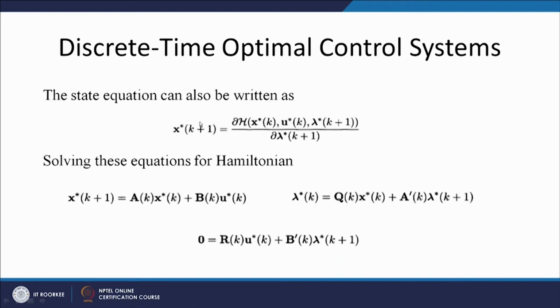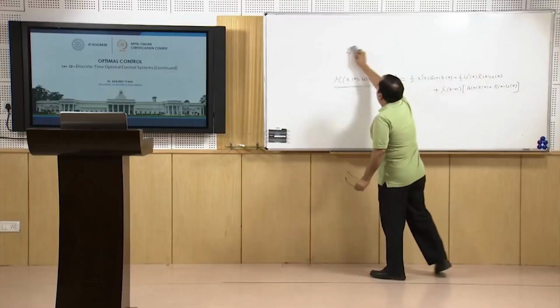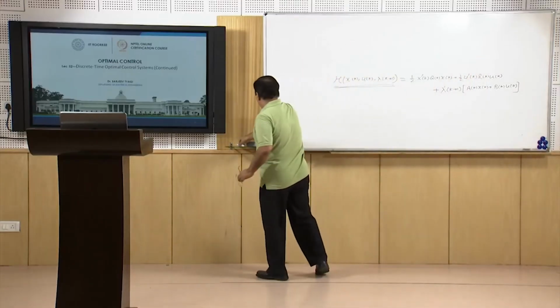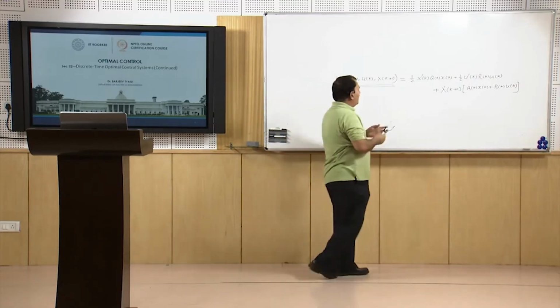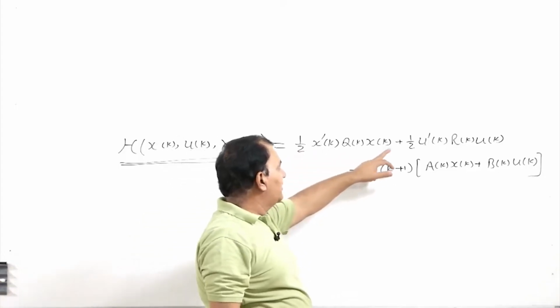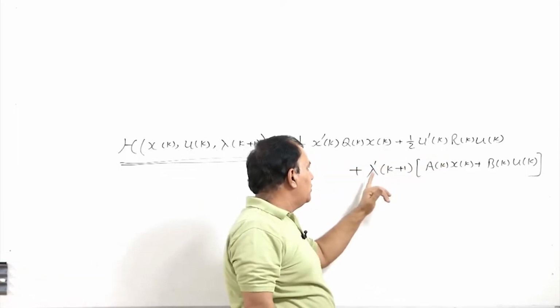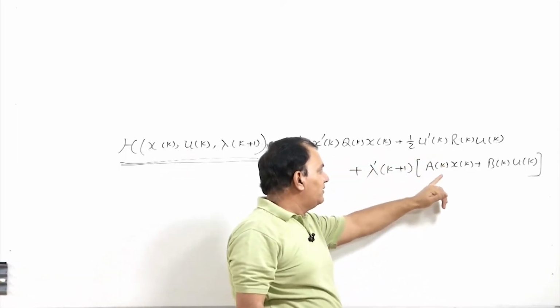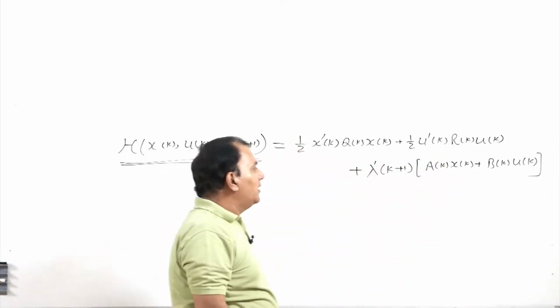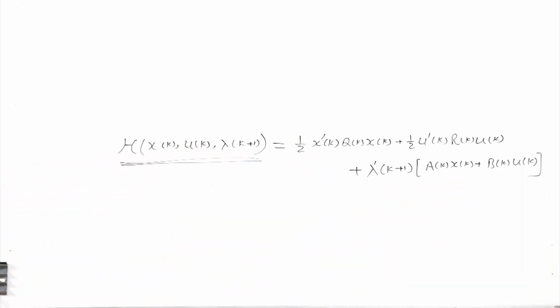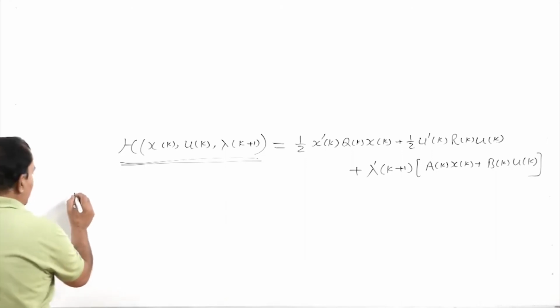So, we get all functions of H in terms of x star k, u star k and lambda star of k plus 1. So, we have defined the Hamiltonian as H half of x prime Q x, half of u prime R u, lambda prime k plus 1 times A k x k plus B k u k.